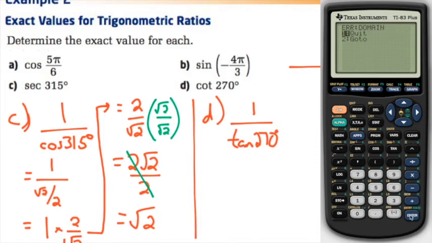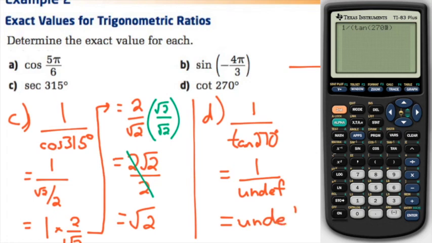If we go to the error, there's actually not an error in this because tangent of 270 is undefined. So we actually have 1 over something that is undefined. Which in itself is undefined.